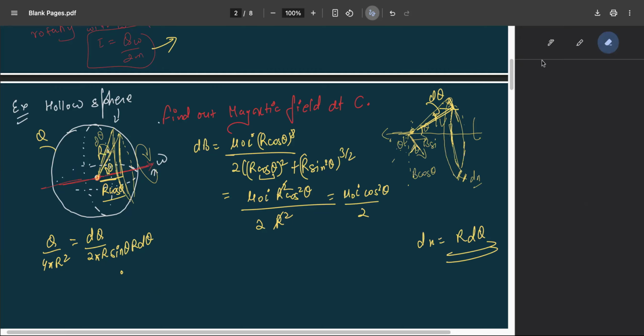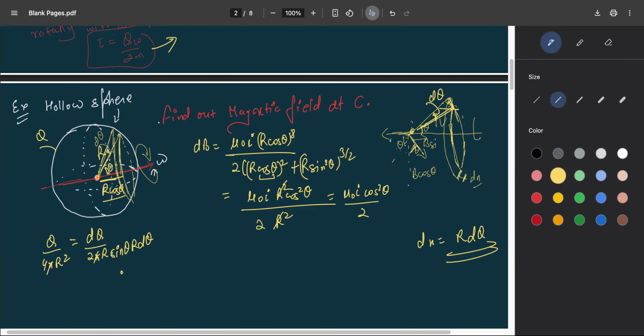What is the dq you have got? You can say 2 cancel, 1 r to 1 r cancel. So dq comes out as q sine theta d theta divided by 2. This r to this r completely cancel out. This is the value you are going to get. Clear?